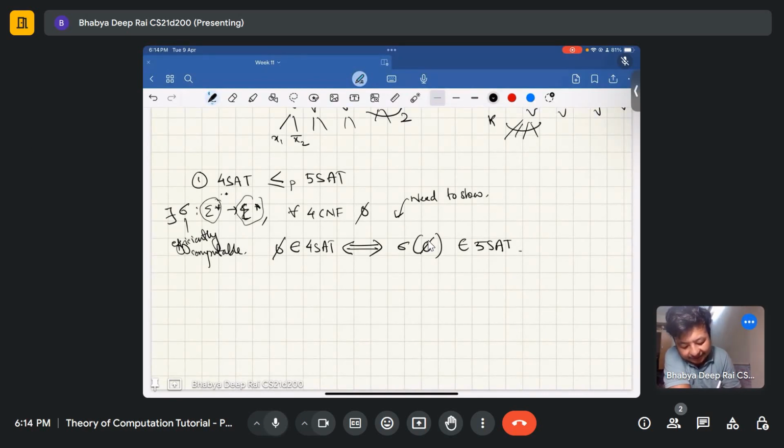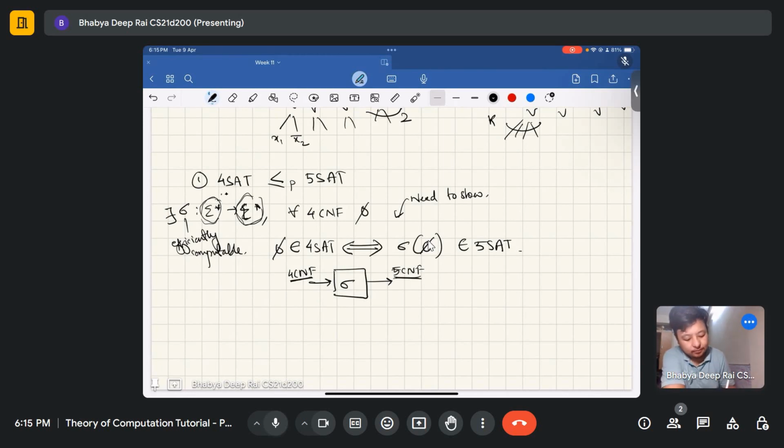We can say that sigma star actually maps a 4 CNF and gives a 5 CNF. That is what we want. We want the reduction sigma to get a 4 CNF and give a 5 CNF. This is what we want, right? And if the 4 CNF is satisfiable, then the 5 CNF should also be satisfiable. If the given 4 CNF is not satisfiable, then the 5 CNF should also not be satisfiable. That is what you want.